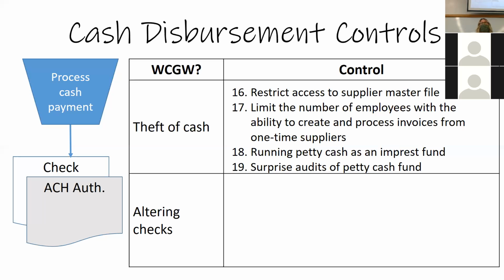Those credit card receipts go to the purchasing office so that they have some ability to monitor those transactions and make sure that they're spending money appropriately, rather than just having access to a drawer full of cash that you can use when needed. And then finally, surprise audits of petty cash funds.